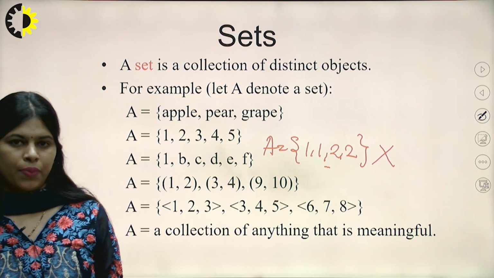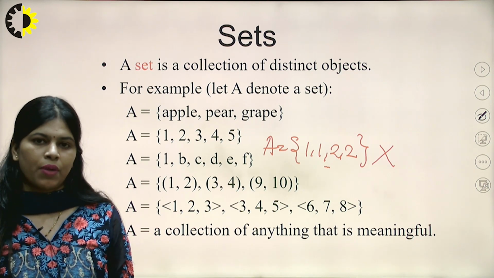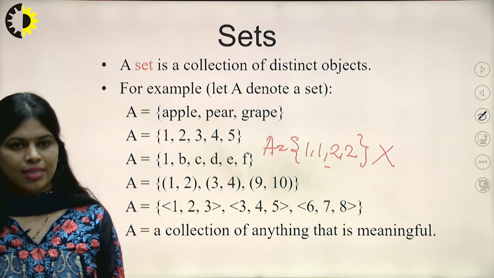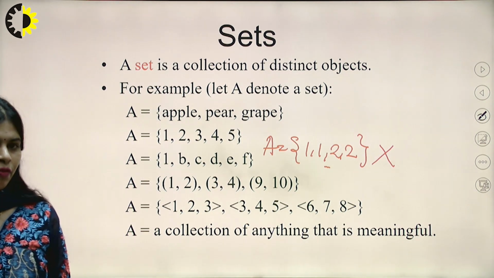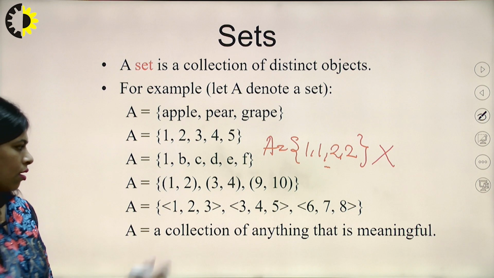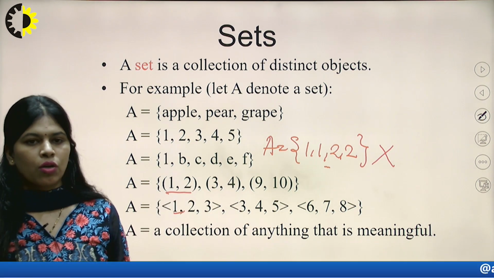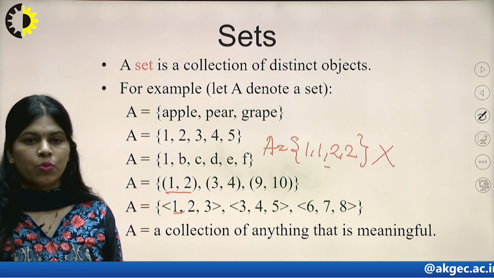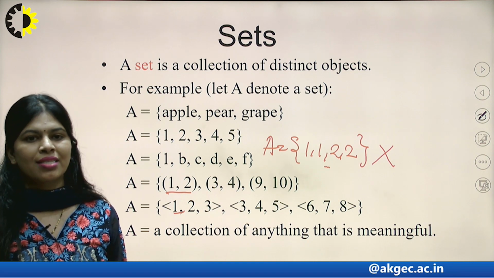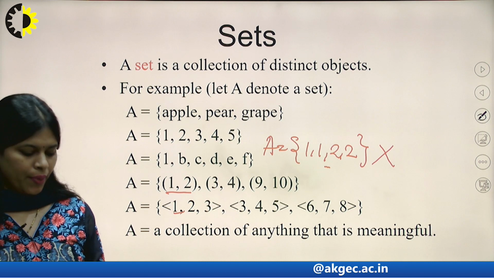Elements can't be repeated, or we cannot use the same element twice in a single set. If I take an example, like A is a set with ordered pair 1, 2, then 1, 2 are the elements represented in a particular set and involved like an ordered pair.